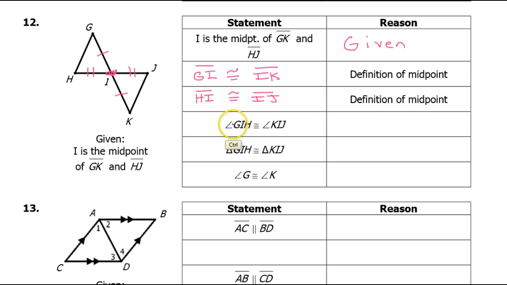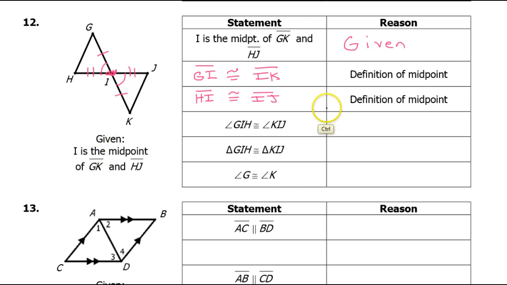Next, they already gave us the next statement. Angle GIH, that's this angle, is congruent to angle KIJ, that's this angle.